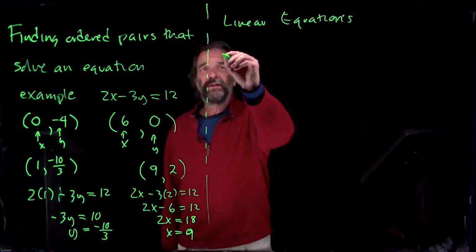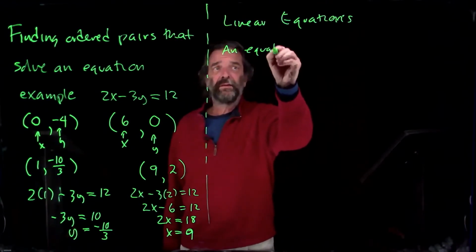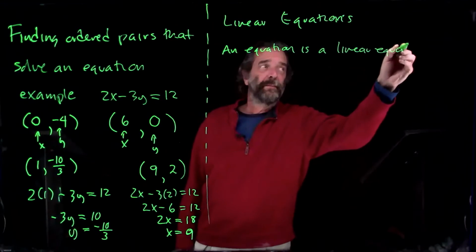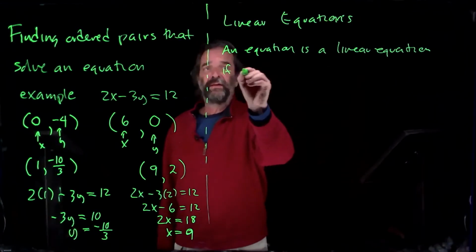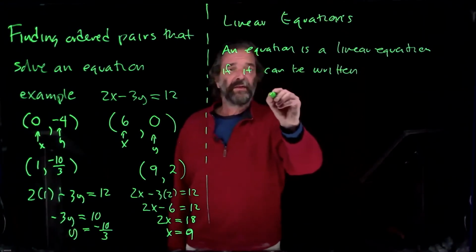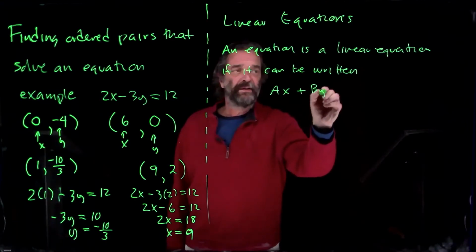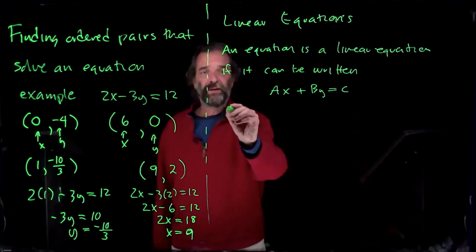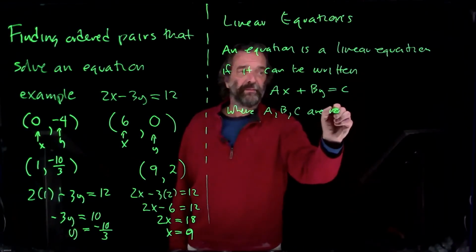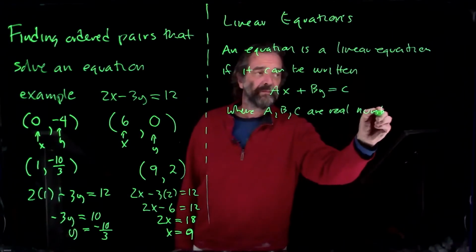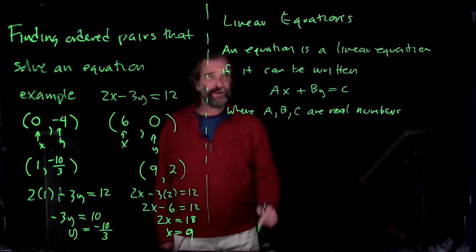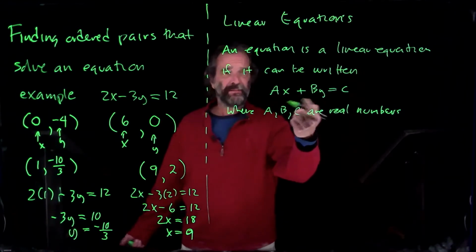An equation is a linear equation that can be written ax plus by equal to c, where a, b, and c are real numbers. And for the variables to show up, either a or b, they can't both be 0.